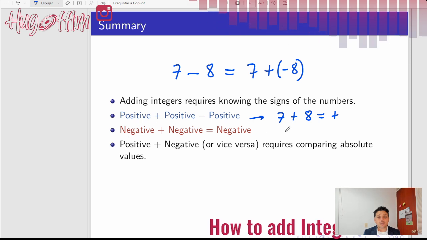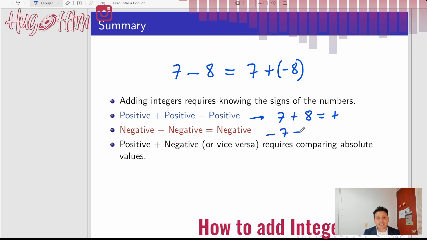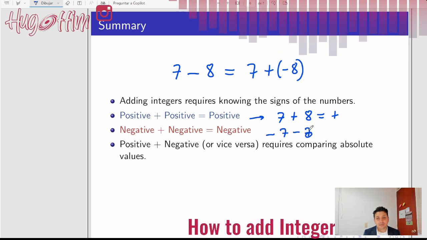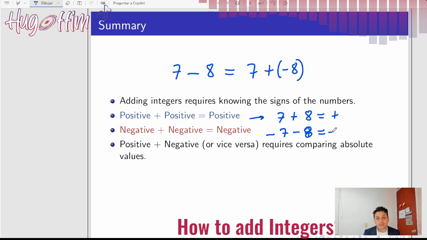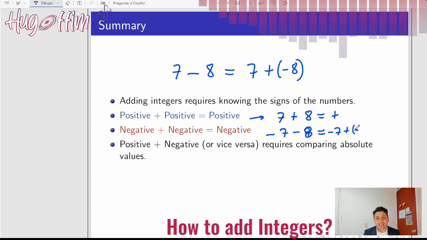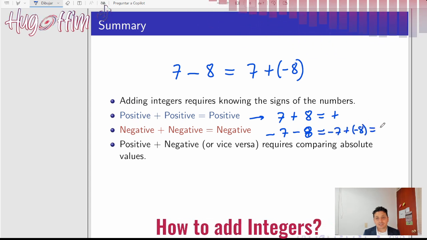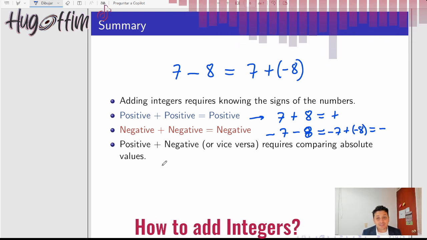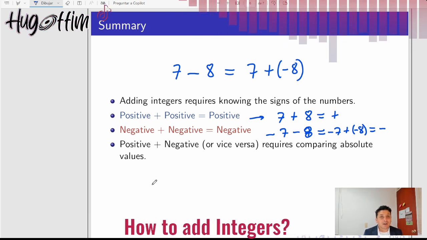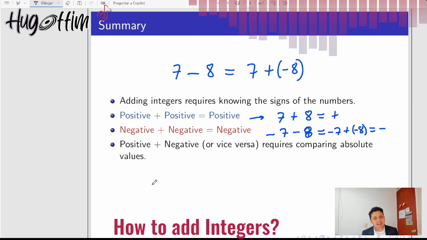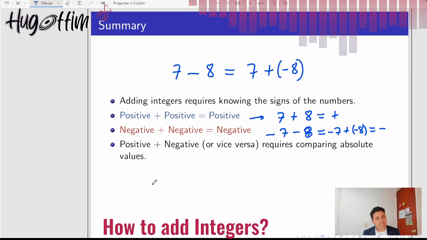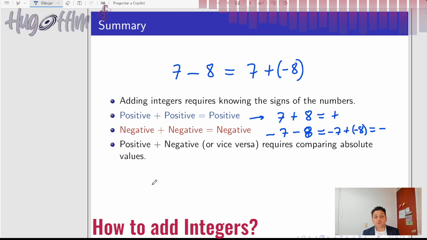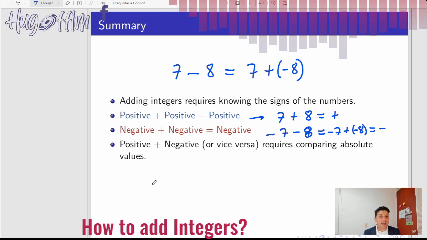If you have two negative numbers, negative 7 minus 8, or negative 7 plus negative 8, the answer must be a negative number. And positive plus negative requires comparing absolute values. The highest absolute value, the highest distance from 0, is going to keep the sign of our answer.